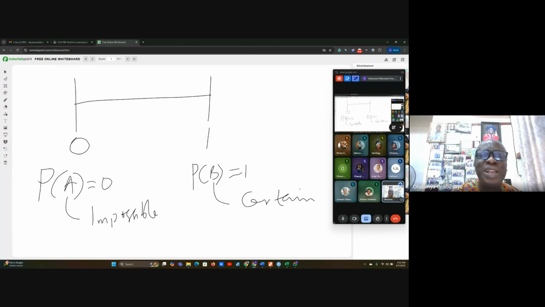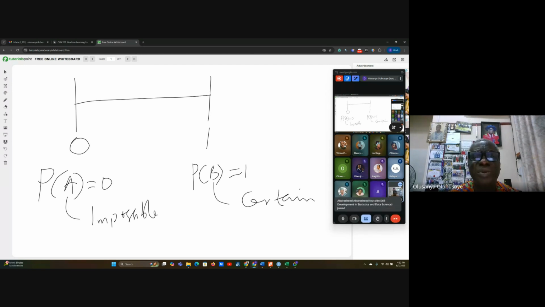But if it's closer to 1, then it shows it is most likely. If it's closer to 0, it shows it is very rare, not likely to happen. So that's very important for you to take note.